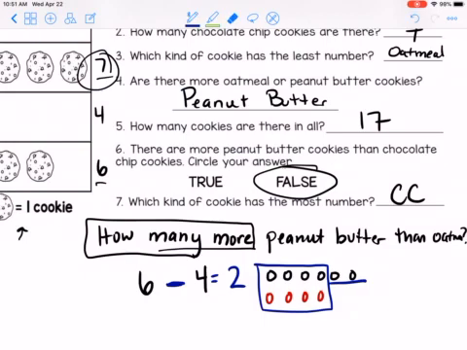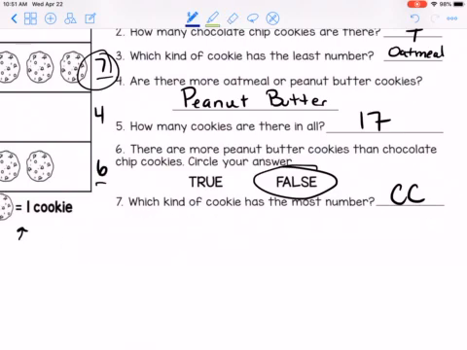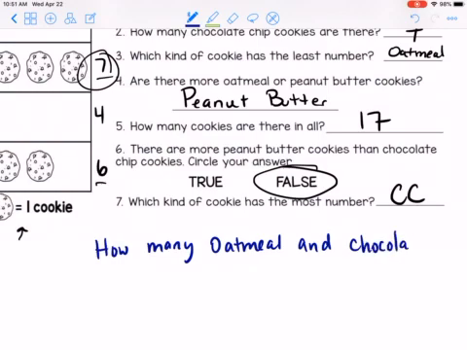If you see a question that says how many oatmeal and chocolate chip cookies, if you see and, that usually means we're going to put 2 things together.